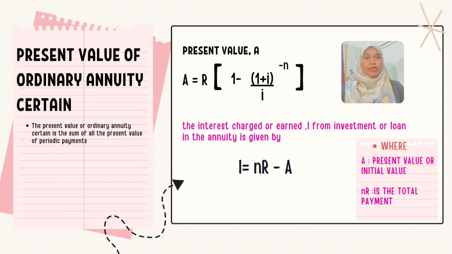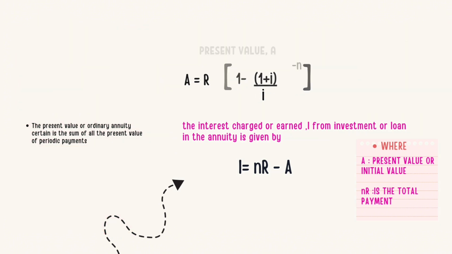Formula for present value A equal R bracket 1 minus bracket 1 plus I bracket to the power of negative n divided by I bracket, where A is present value or initial value. Formula for interest charge, I equal nR minus A, where nR is the total payment and I is the interest from investment or loan in the annuity.